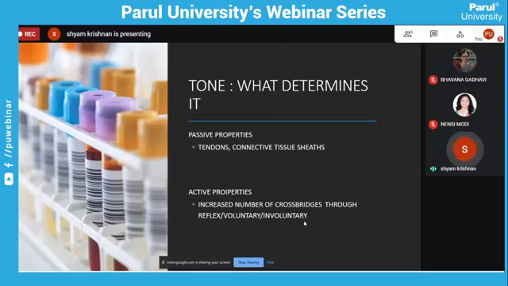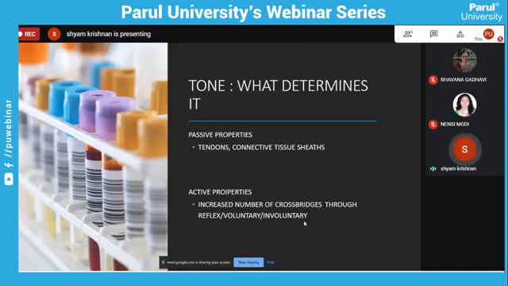The second kind of properties arise out of increased formation of cross bridges through reflex, voluntary or involuntary muscle activation. So active properties are essentially characterized by an increased cross bridge formation within the contractile part of the muscle.